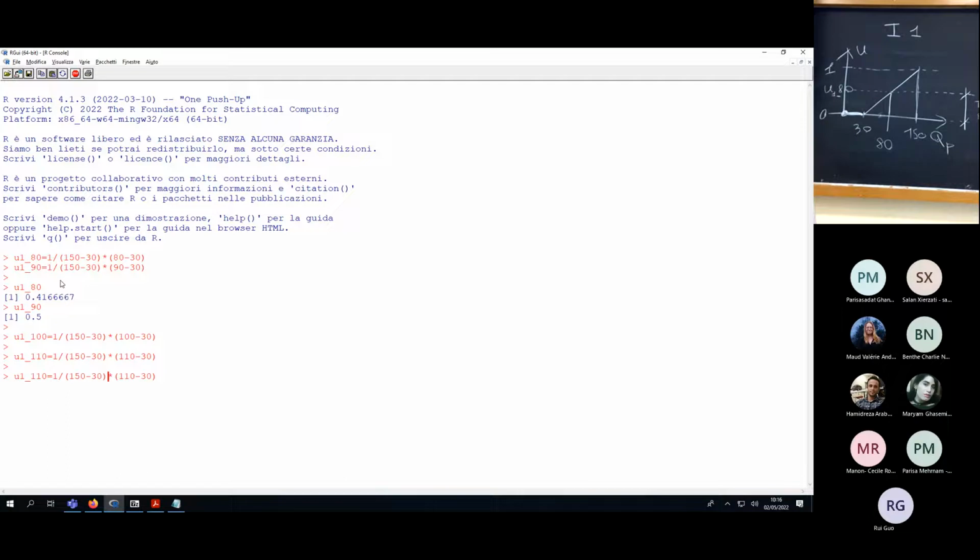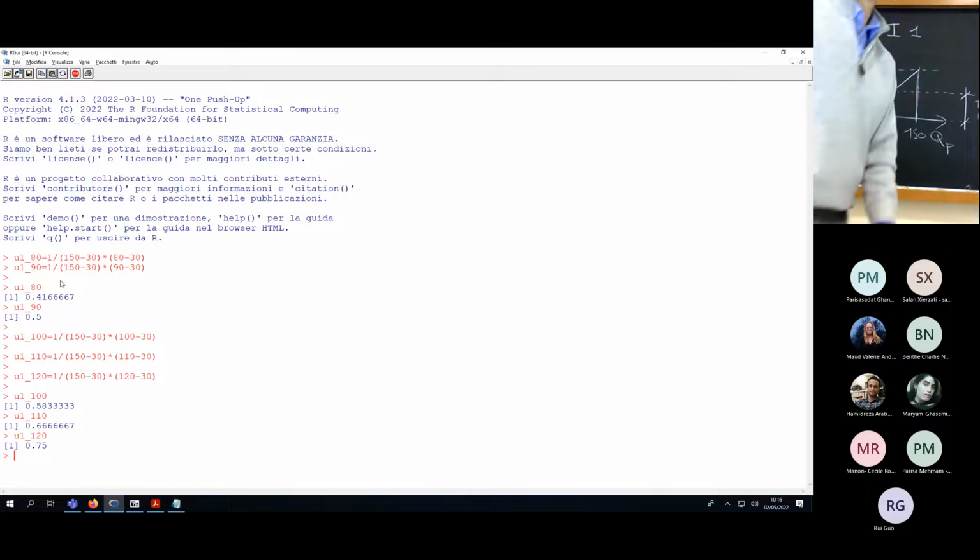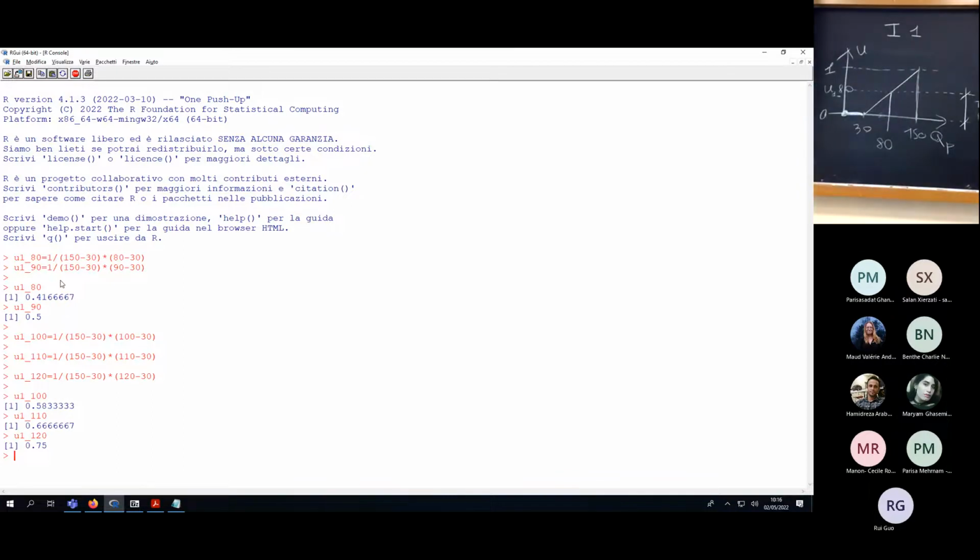And U1 120. Let's see the values: U1 110, U1 120. This is the way you should work, just without looking at the code that I propose.